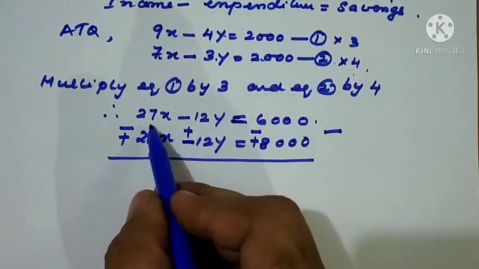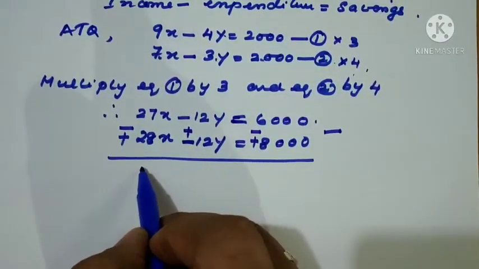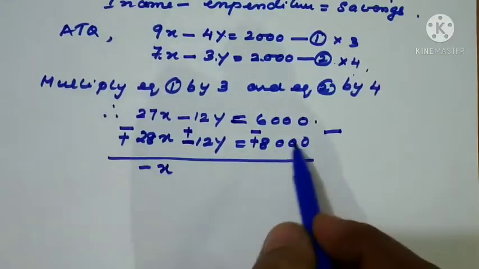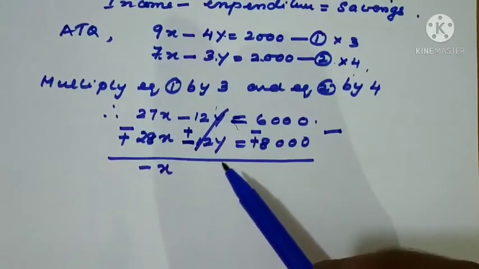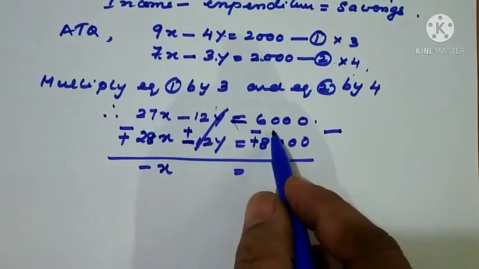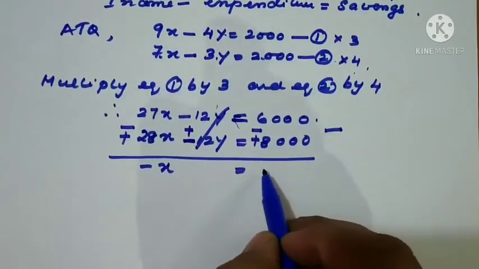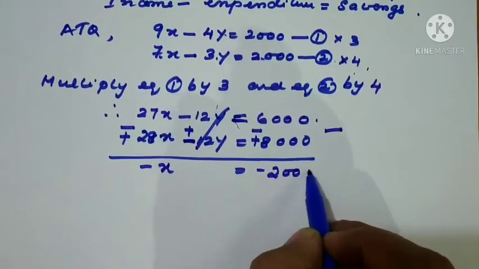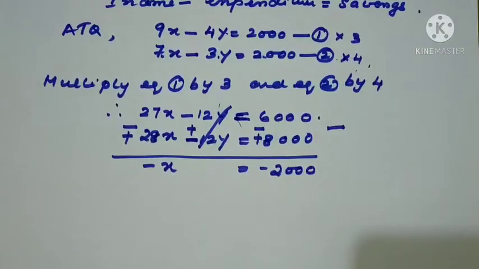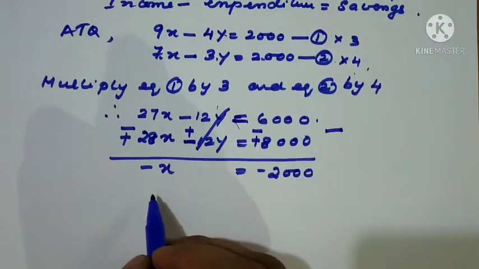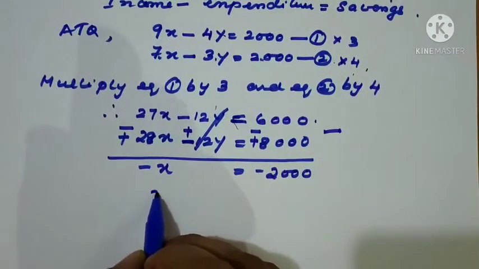So 27x minus 28x is equal to minus x, and we eliminated y because of the opposite sign. 6000 minus 8000 is minus 2000. So minus x equal to minus 2000, so x equal to 2000.